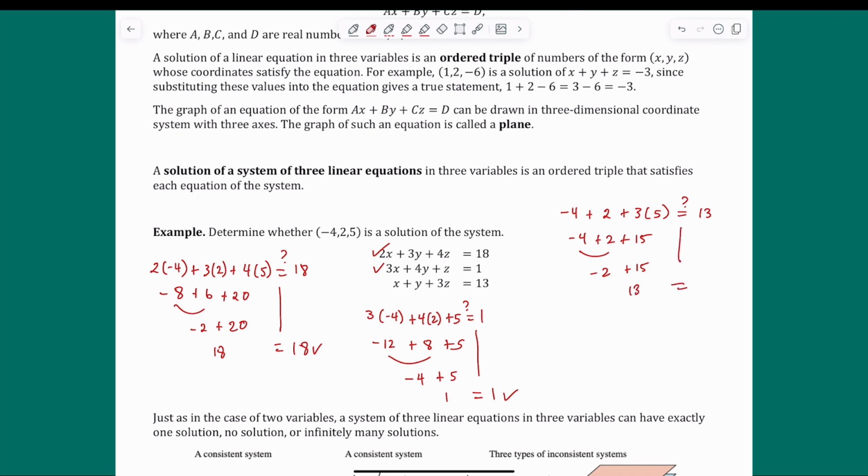And so indeed, 13 does equal 13, which satisfies the third equation. Since the ordered triple satisfies all three equations, we say (-4, 2, 5) is a solution of the system.